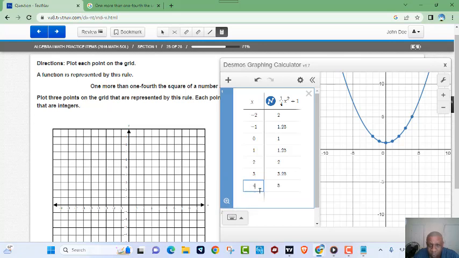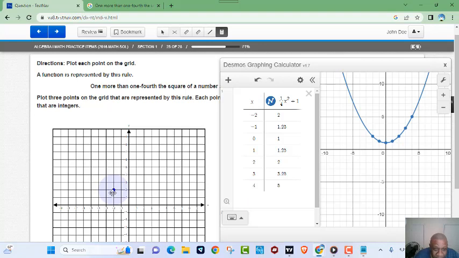What happens if we put in 4? (4, 5). So there's another. So there's several. So let's just pick (-2, 2), (2, 2), and (4, 5). There, that's 3 of them. Okay, on to question 24.